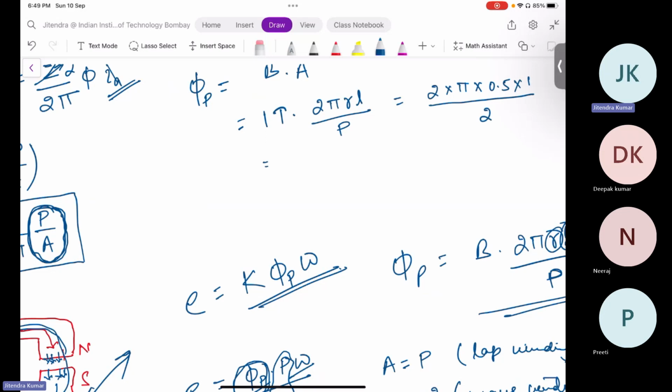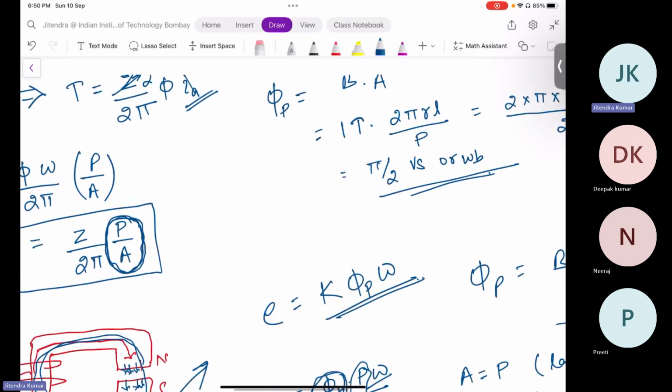So it will come out to be pi by 2 volt second, or Weber, right? So flux per pole we have computed.